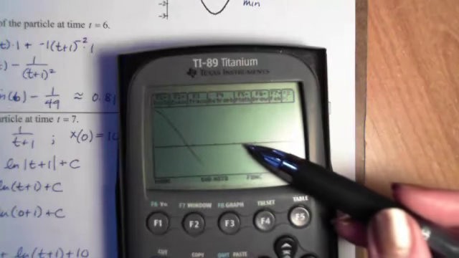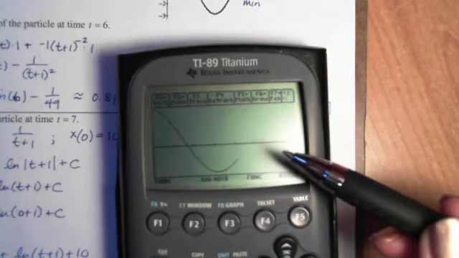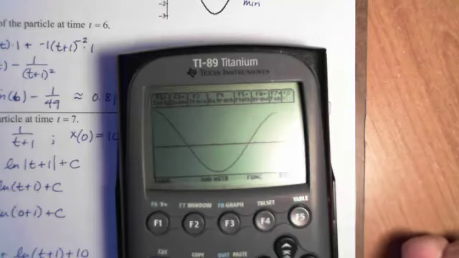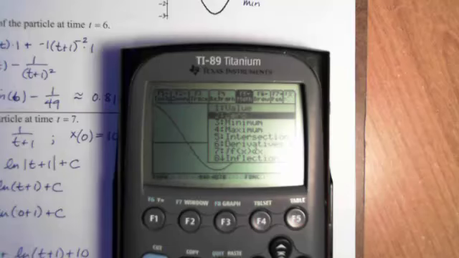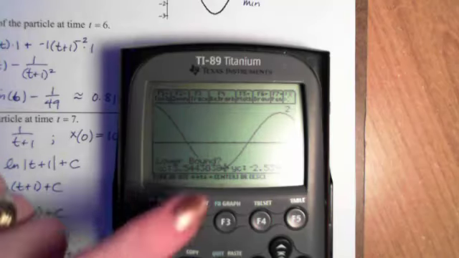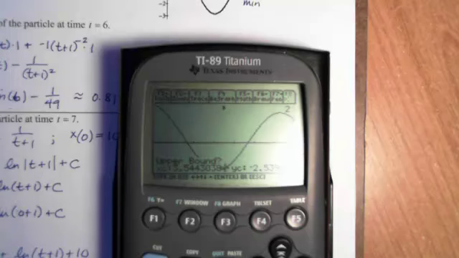And remember, we're going to be looking for this x-intercept right here. So we can do F5, look for the 0. We're already on the left. The right looks like 6 would probably be to the right of it. And we've now found the location, which is 4.653.